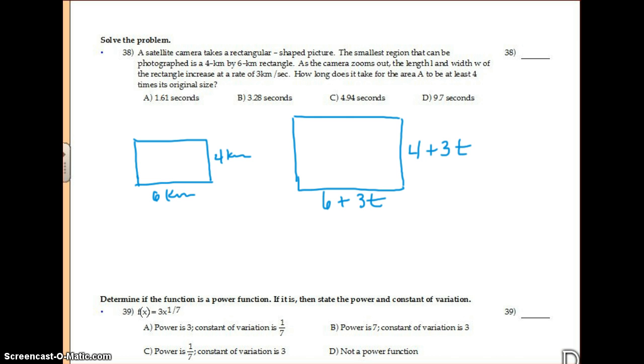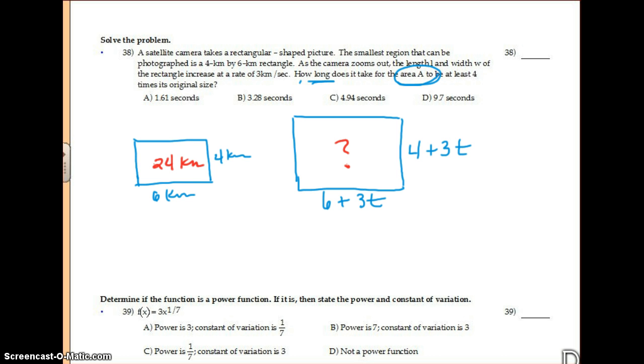We want to know how long, so the time it takes, when the area is at least 4 times its original size. The original size is 6 by 4, which is 24 square kilometers. That's the original area. So depending on how much we zoom out, that area is going to change.